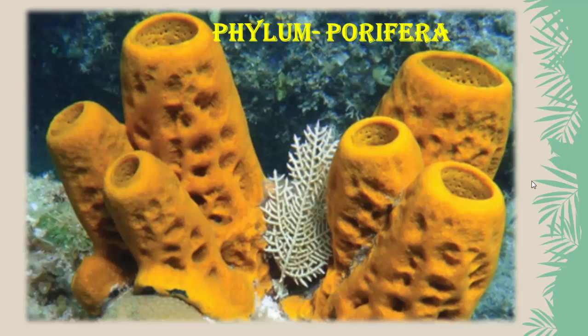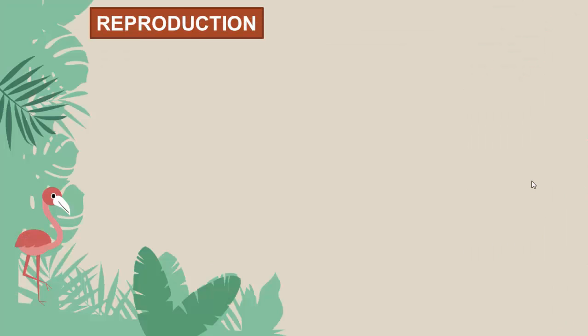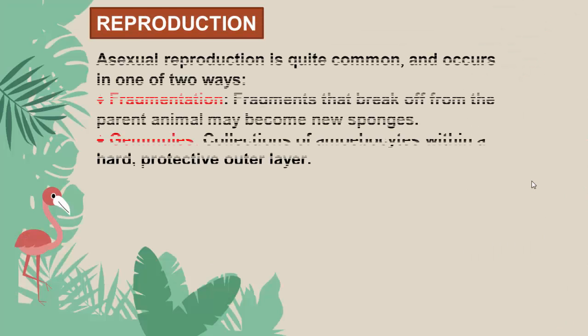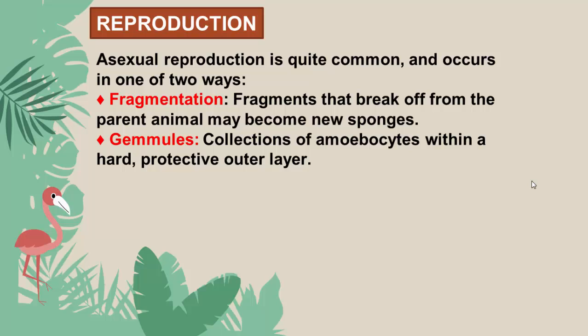So finally, moving to the remaining characters of phylum Porifera. How does reproduction occur in the poriferans? Whether they reproduce only by the asexual method or by the sexual method also.